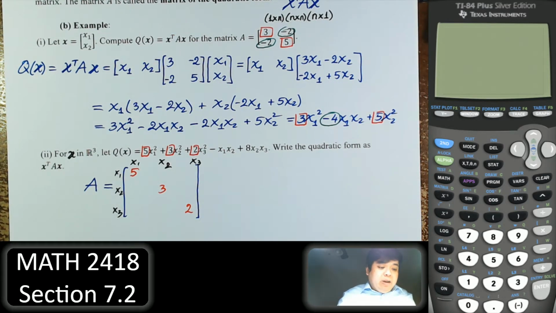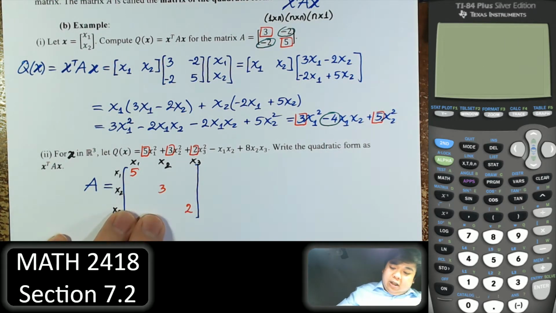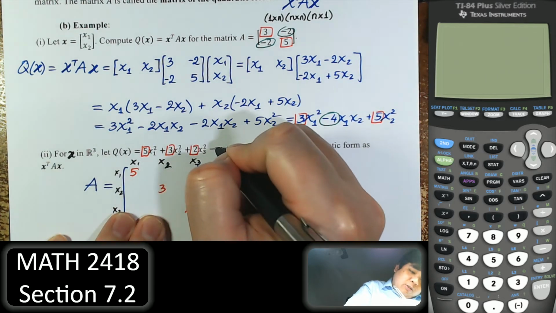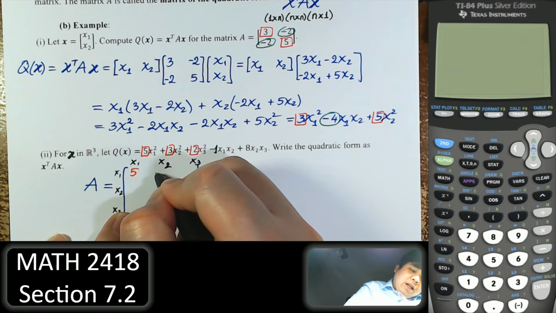Now for the mixed terms, 1 and 2. So 1 and 2 is going to be here and here. We look at this as -1, the coefficient of x1x2, so we're going to split that in half.